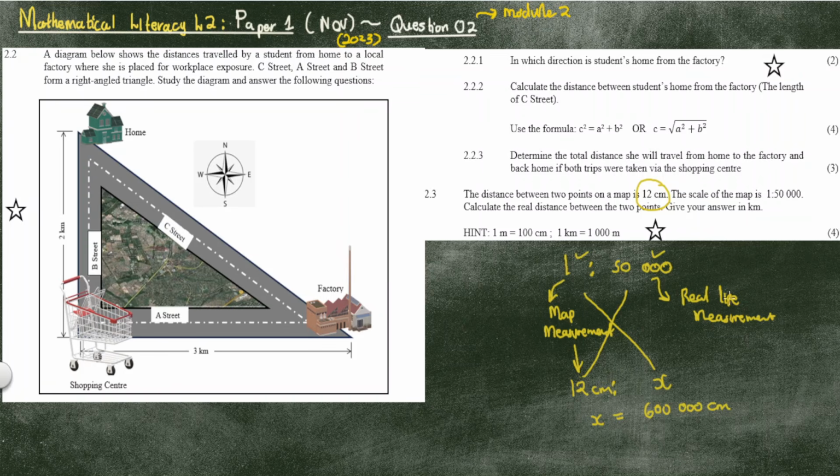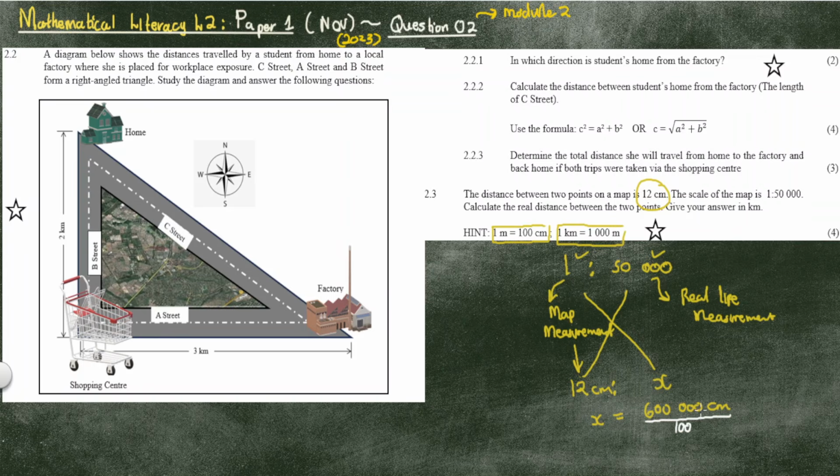Now, we have to change this to kilometers. How do we do that? We are given conversions too. 1 meter is equal to 100 centimeters. 1 kilometer is equal to 1,000 meters. So these conversions are simply telling us to convert centimeters to meters, then from meters we take it to kilometers. How do we change this to meters?